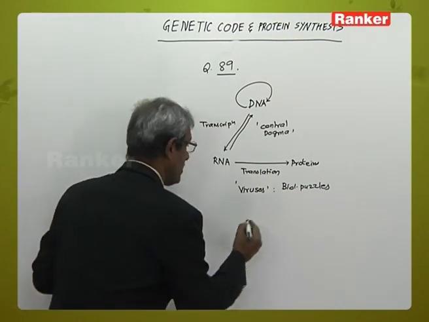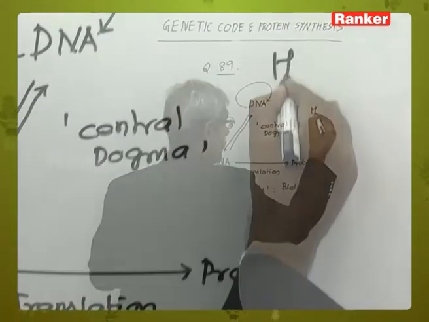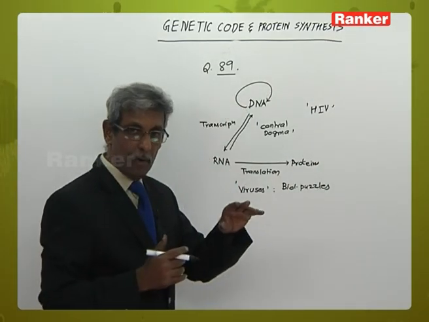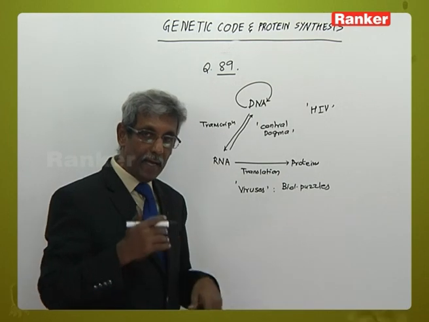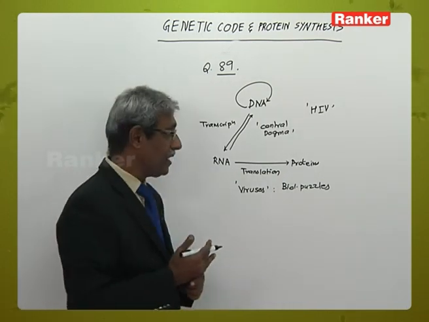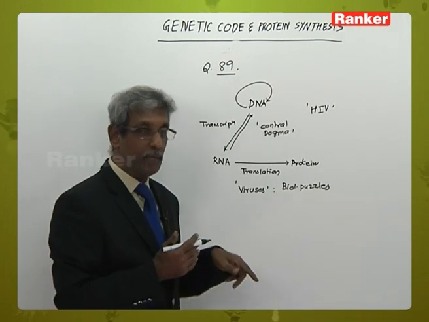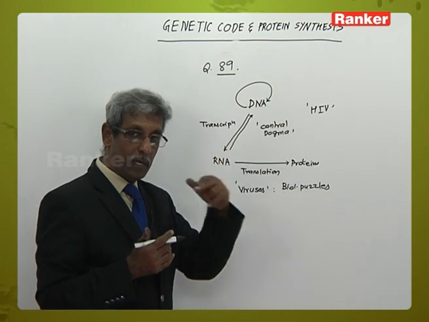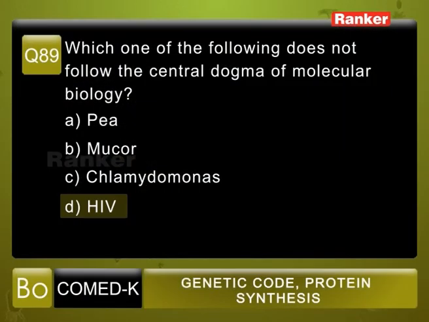While if you take HIV, it can bring about change whereby the RNA again goes to form the DNA. Reverse transcription is seen even in the case of HIV. Hence, it is an exception to the central dogma, that is the flow of information from the DNA to RNA to proteins. The answer is D.